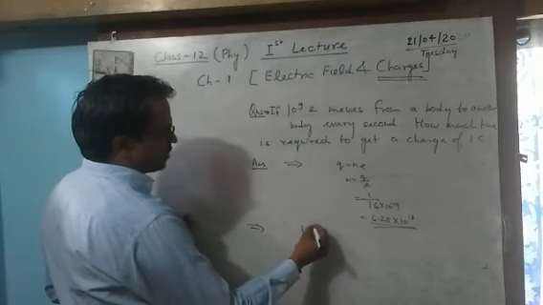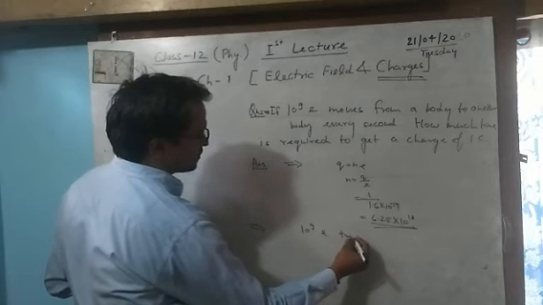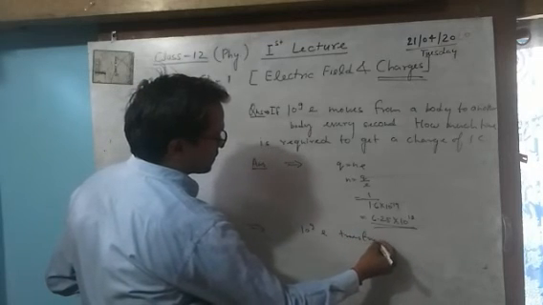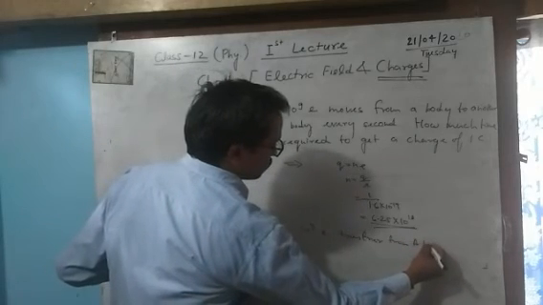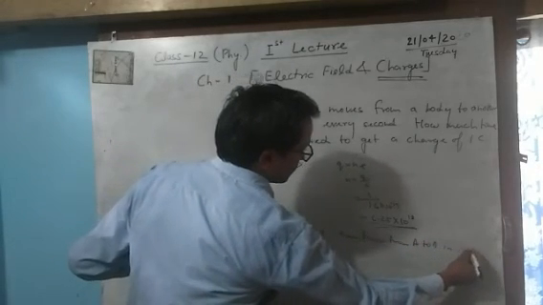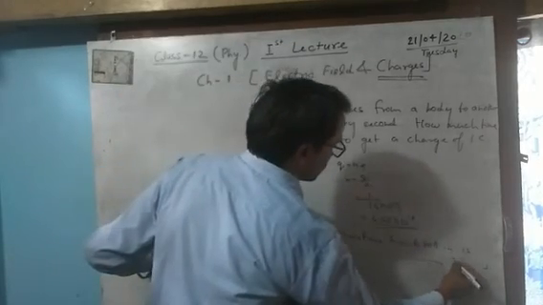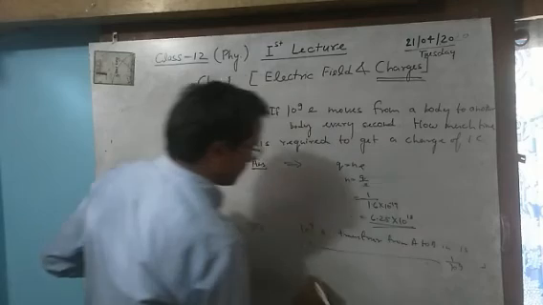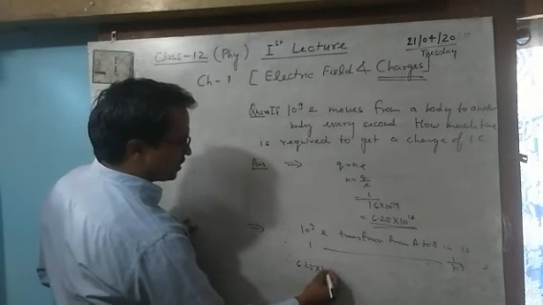Since 10 to the power 9 electrons transfer from A to B in 1 second, therefore 1 electron takes 1 by 10 to the power 9, and therefore for this much, 6.25 10 to the power 18.